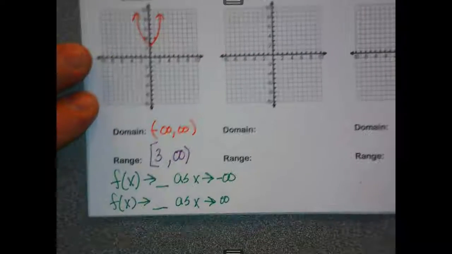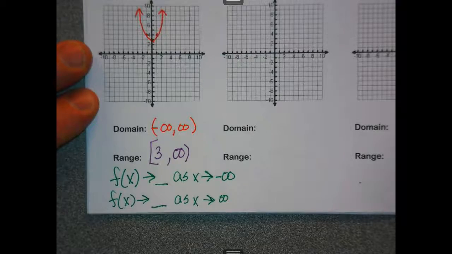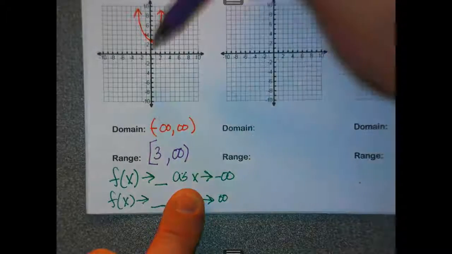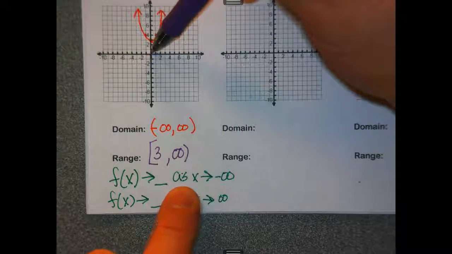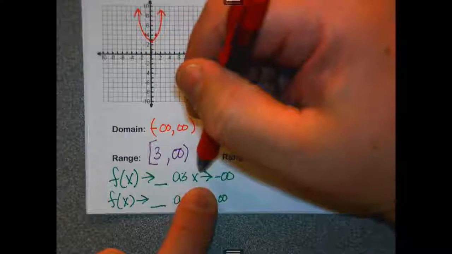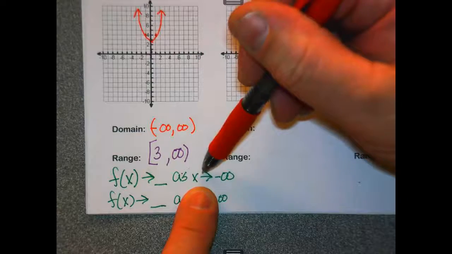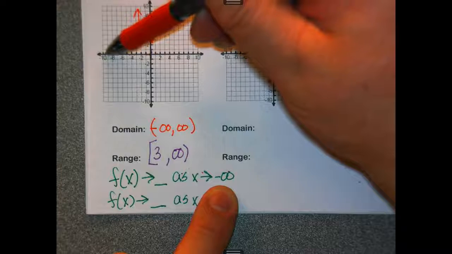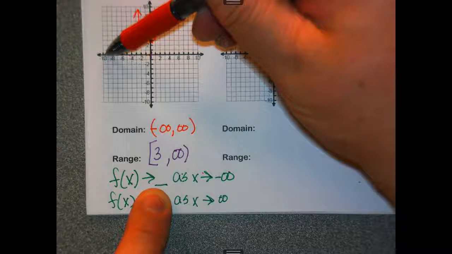Now, let's describe the end behavior. Now, we're looking at our x-axis. As x, remember layman's terms, as x goes to the left, what happens to my y?